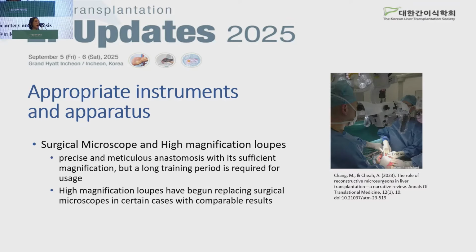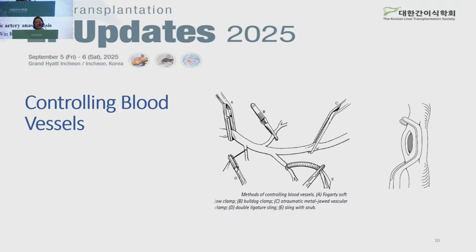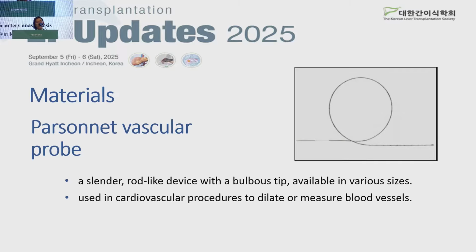This morning, I saw a paper on the difference between customized loupes and the surgical microscope. Actually, it totally depends on the surgeon's choice. Loupes give precise and meticulous anastomosis with sufficient magnification, but it takes time. As all know, these are atraumatic vascular clamps.